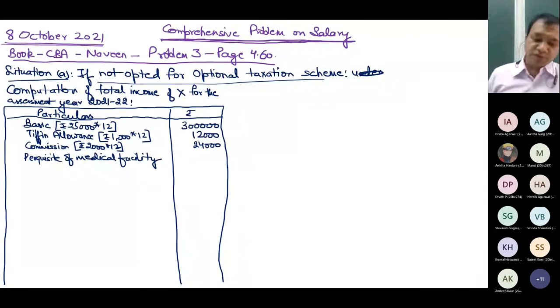Can you tell me the answer of this point? Can anyone try to tell what is the tax treatment of this point? Anyone who can try? Reimbursement of ordinary medical expenditure for the treatment of assessee X and his family members.